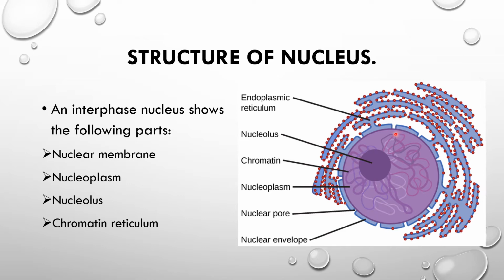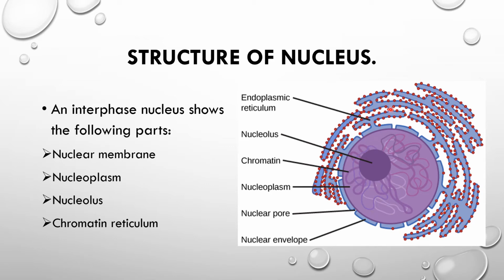Along with that you can see some gaps. These perforations are known as nuclear pores. They have a very important function: how the outer cytoplasmic substances are connected with the nucleoplasm through these pores.